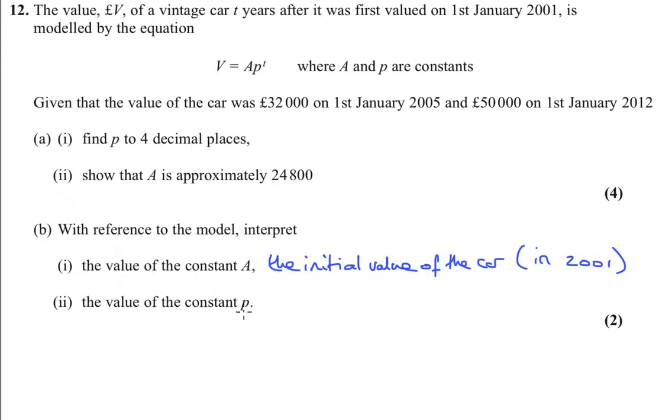P represents the amount, the factor or the percentage that the car increases by year on year. So it's the multiplier, if you like, the factor. Don't use the word amount because that's like you're adding something on.